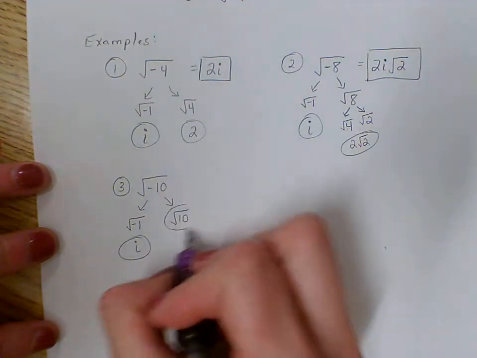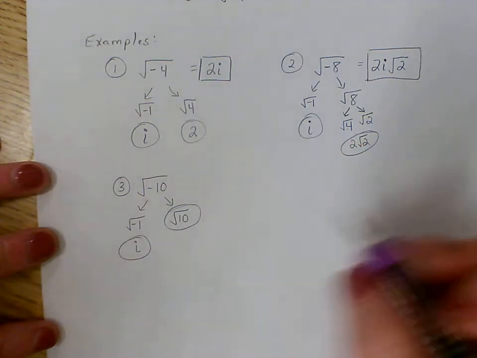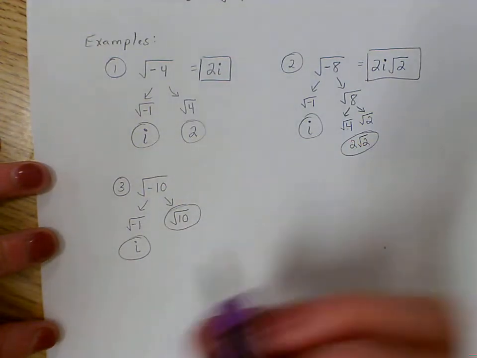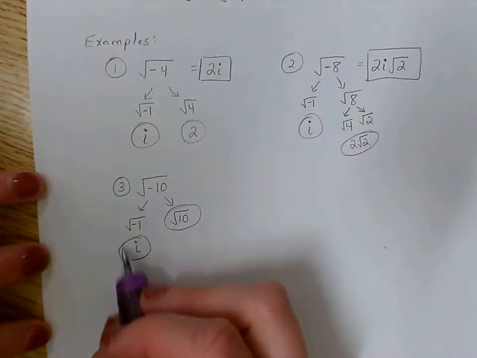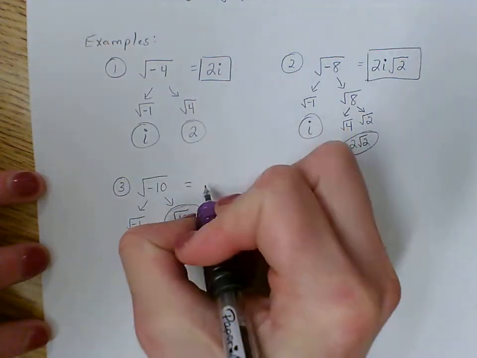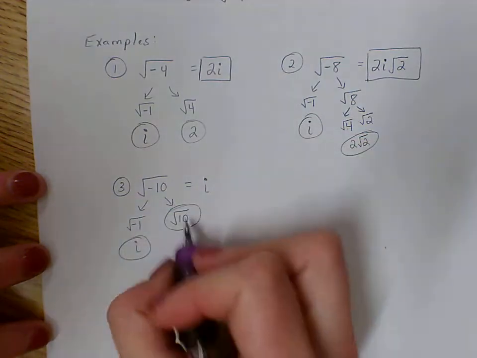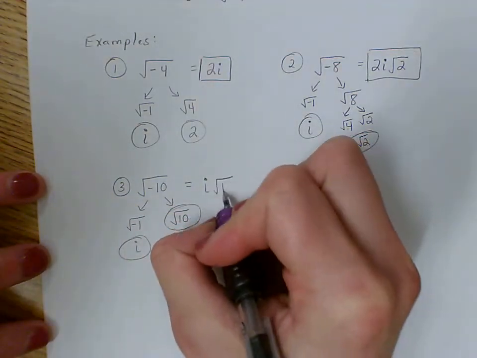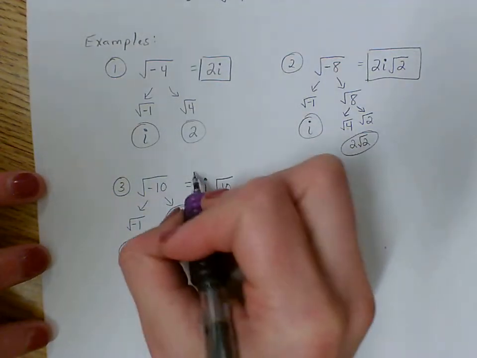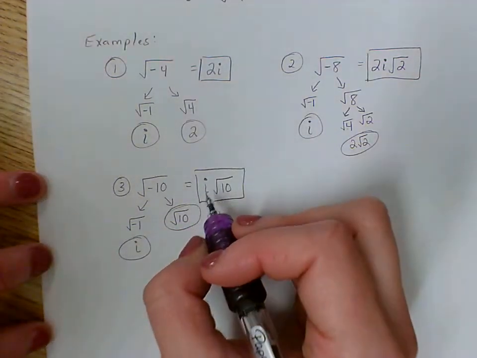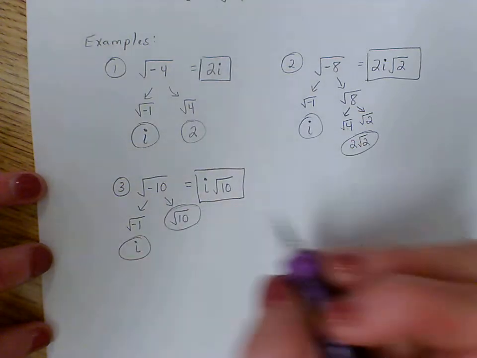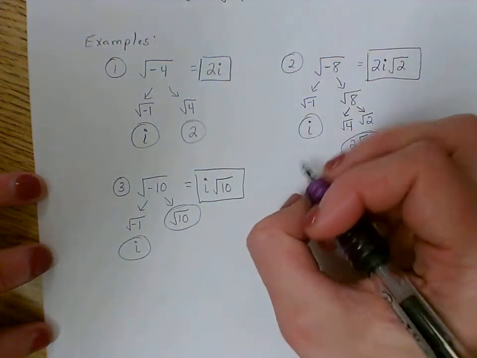So that one won't break down like our last one did. So that's the other part of your answer. This i is outside the radical, so you put that first, and whatever's underneath the radical stays under there, and you write it second. That would actually be the simplest form of that radical.